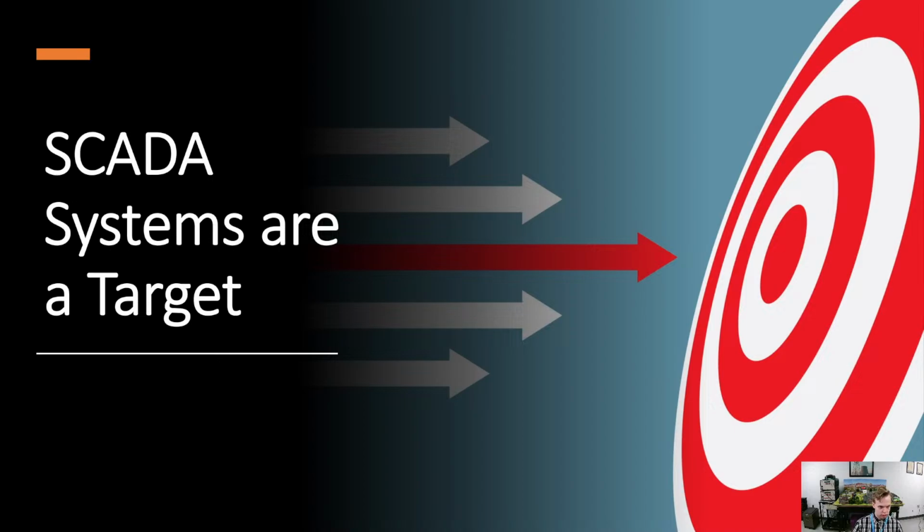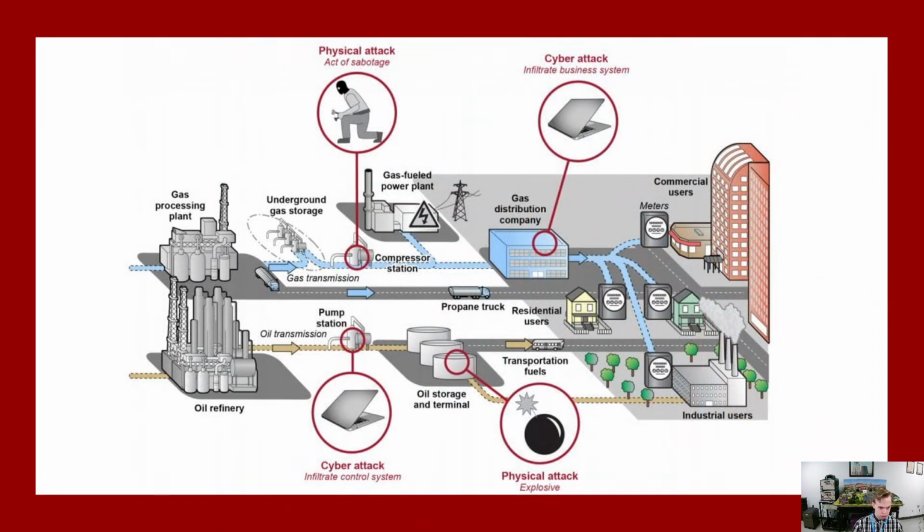They're a target of many different types of cyber attacks, and even many different types of physical attacks. There are many ways to physically attack these devices and also to attack them through the network, through cyberspace.